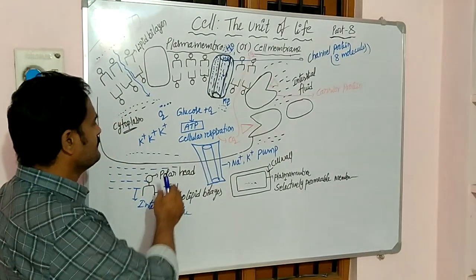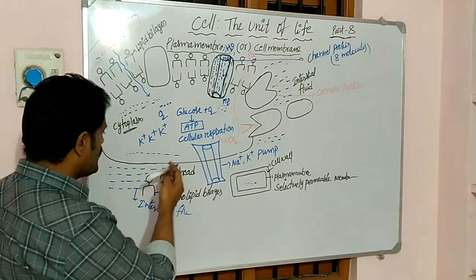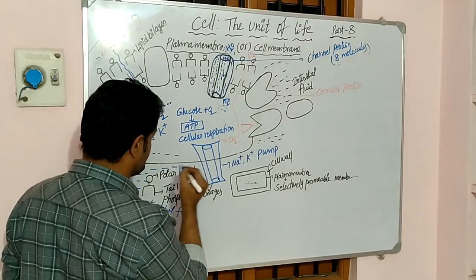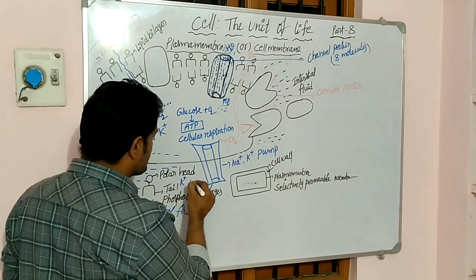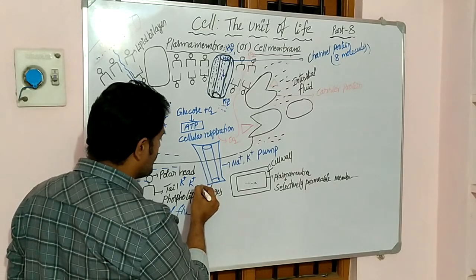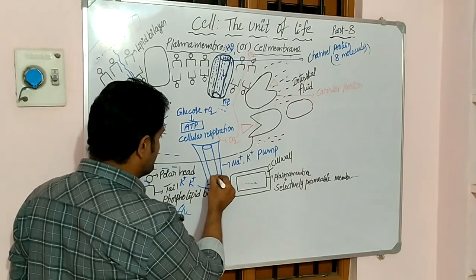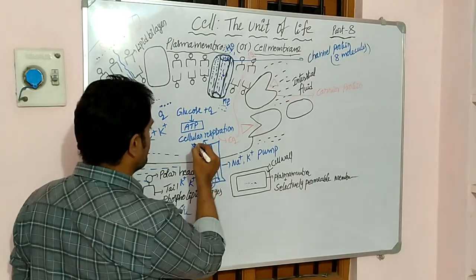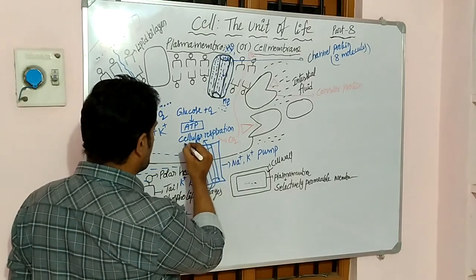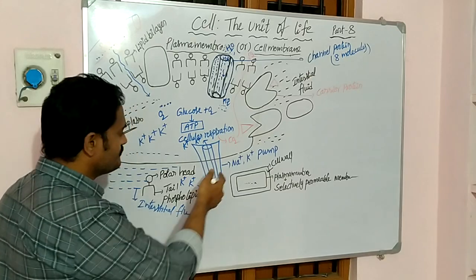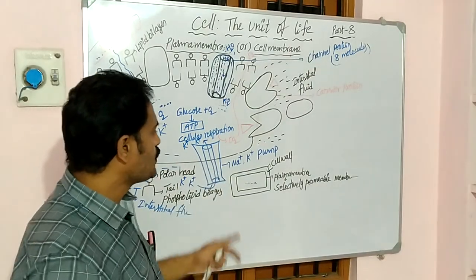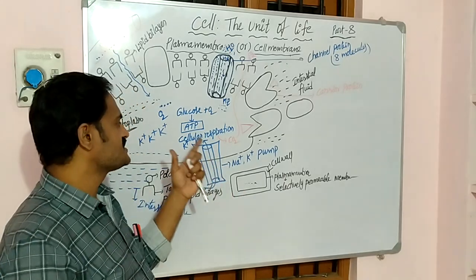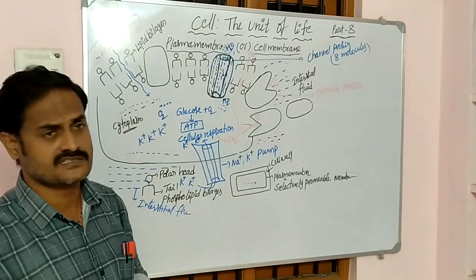Mostly the potassium ions present in the interstitial fluid are transferred to the inside of the cell through this protein. This protein is called the sodium potassium pump, sodium potassium pumping proteins.